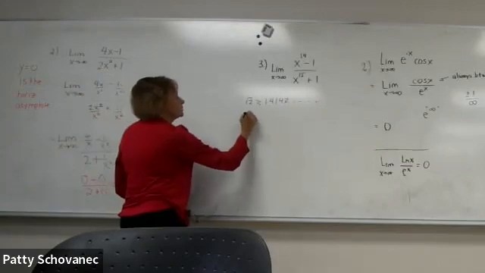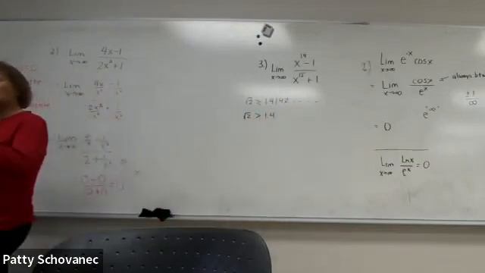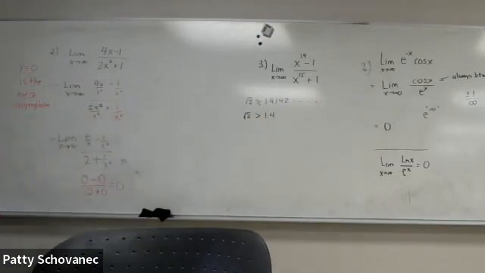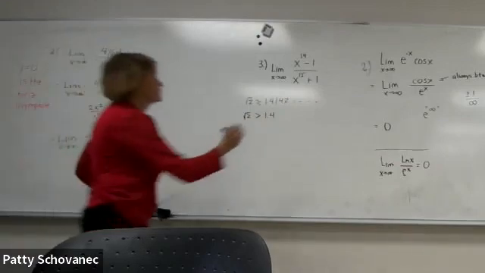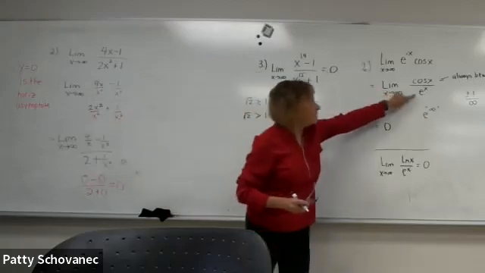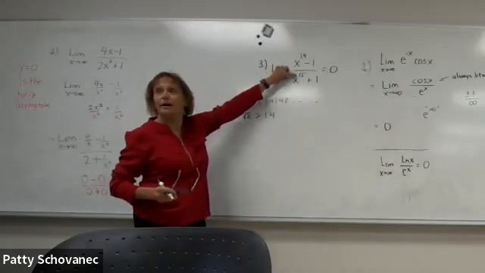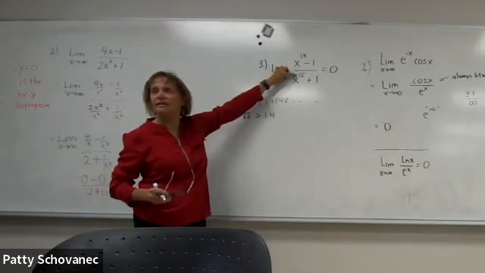Square root of 2 is bigger than 1.4. So that makes the degree on bottom bigger than the degree on top. Bottom heavy. If the degree on bottom is bigger than the degree on top, the limit's always going to be 0. Bottom heavy. Even if it's big time bottom heavy or just a little bottom heavy. Bottom heavy fractions go to 0 when x gets large.